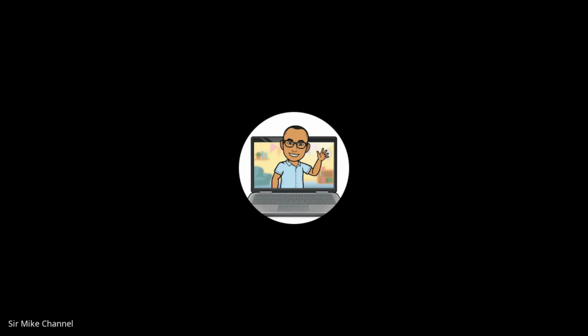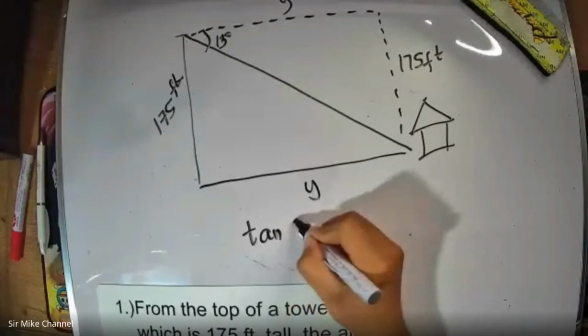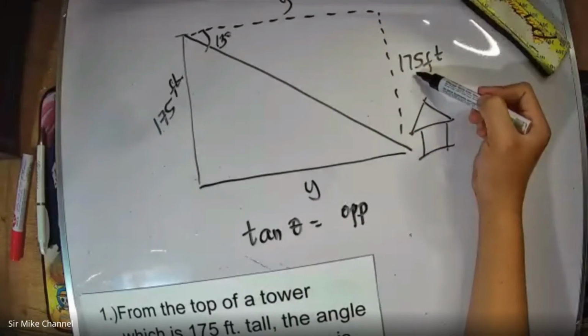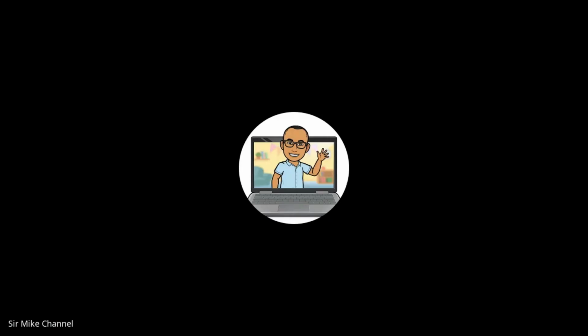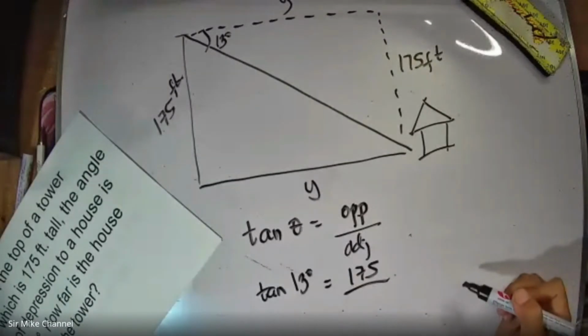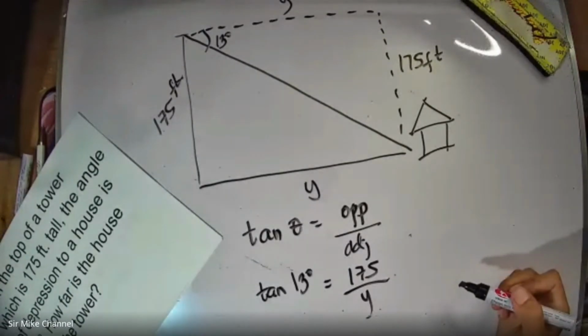So alin dun sa tatlo, yung sine, cosine, tangent, syempre yung tangent theta. So we use tangent theta, opposite, kasi ito yung reference natin, opposite is 175, and adjacent natin yung y. So by solving, tangent theta is 13 degrees, opposite natin is 175 over y. So i-cross multiply natin yan.